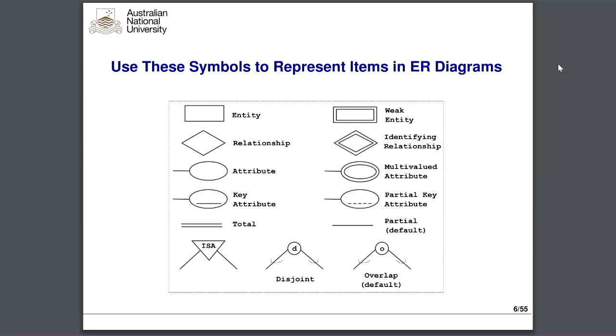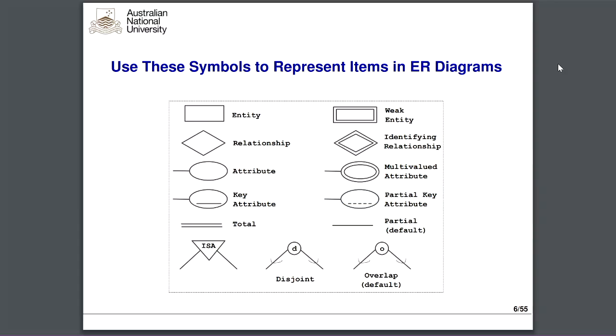Like this diamond for a relationship, why do we use that one? Because maybe there are two angles here which connect pieces of information. And then the identifying relationship: the weak entity and identifying relationship are for subclasses. If you have an employer and employee, maybe the employee has a child, and that becomes a subclass.